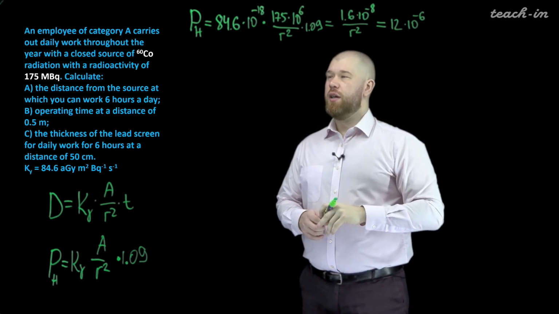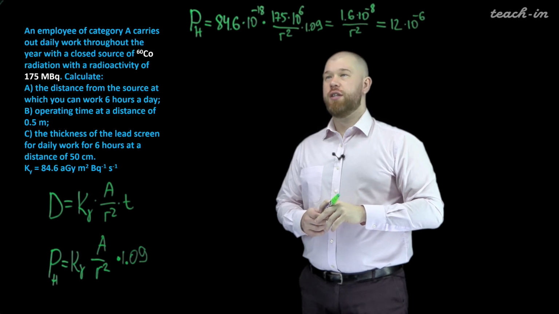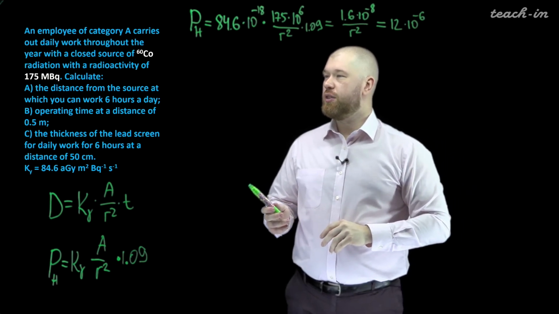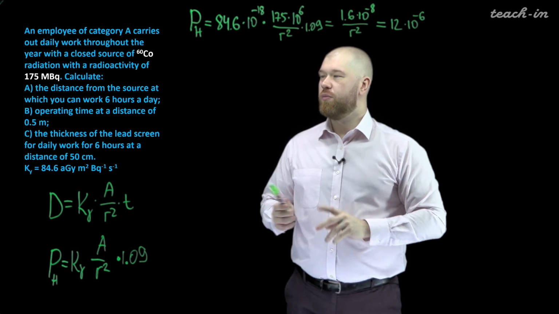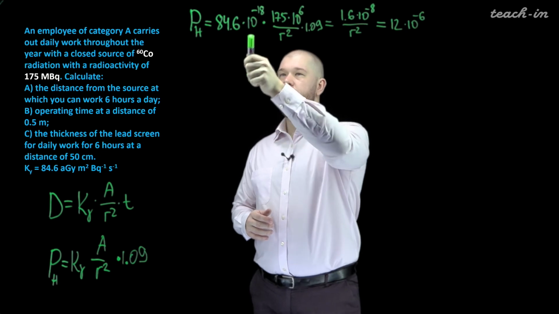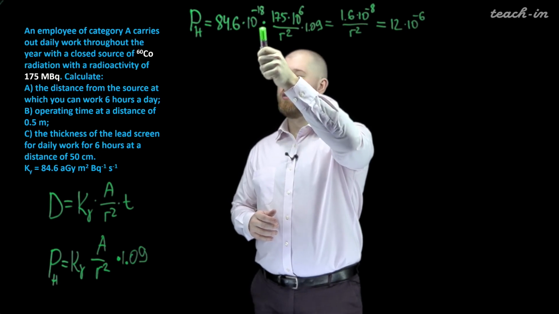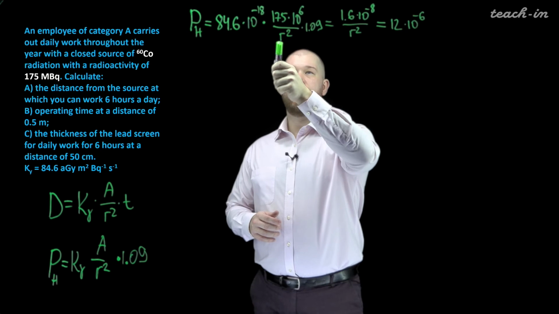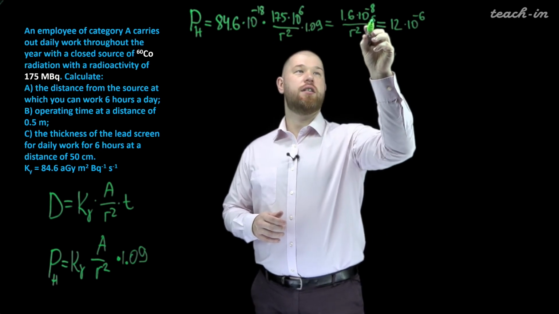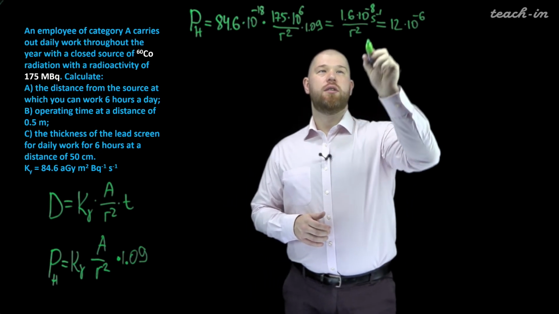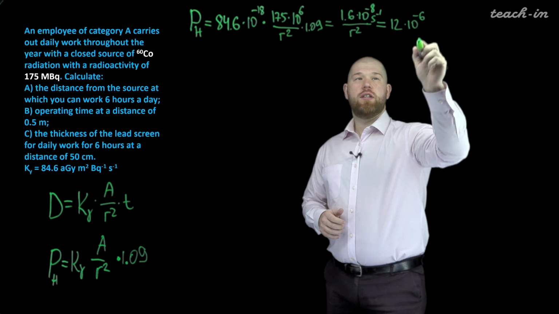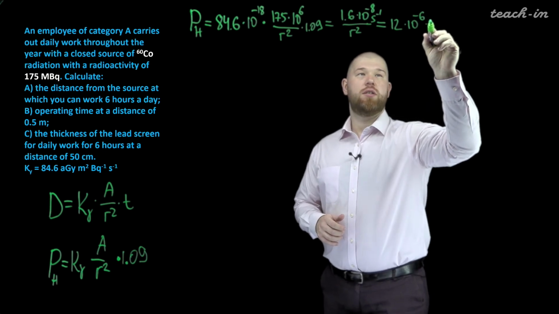and we have to calculate it per second, because here we can see that it is atto gray square meter, becquerel is neglected, and it is second to the minus 1, and the limit is per hour.